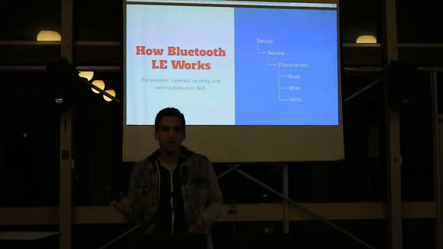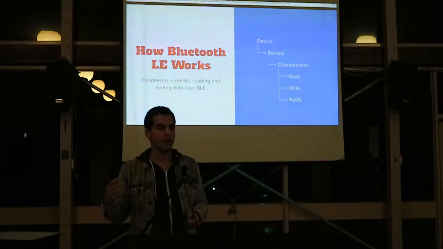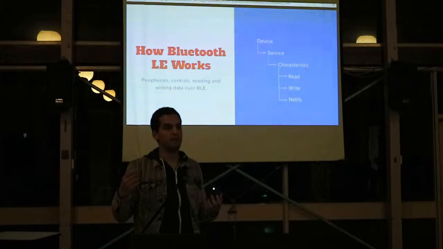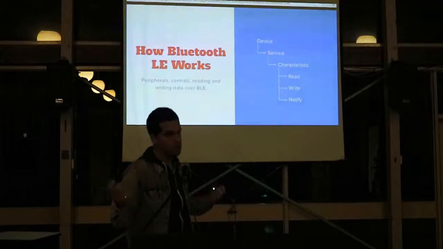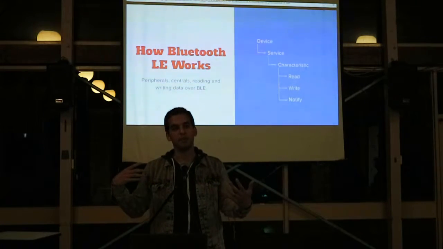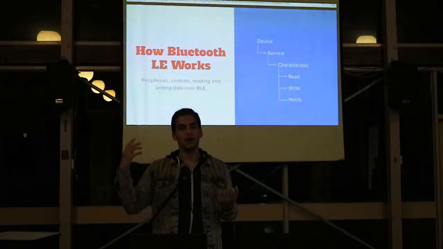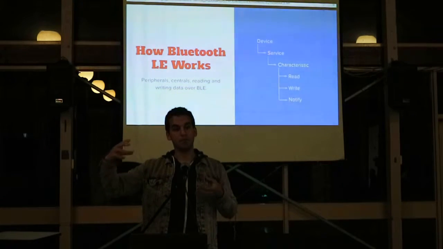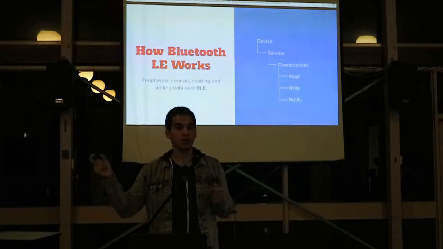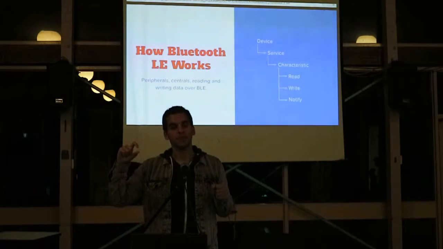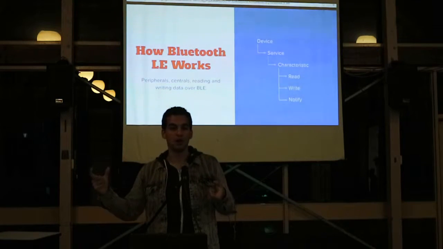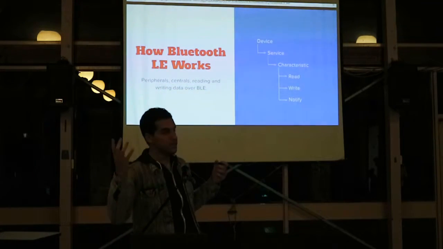Anyway, what is a Bluetooth low energy peripheral? How does it even work? What is the protocol that we have to abide by to be able to transfer data? Basically, peripherals are devices that implement the Bluetooth GATT protocol, which is a global, generic attribute model, meaning that they expose a device.